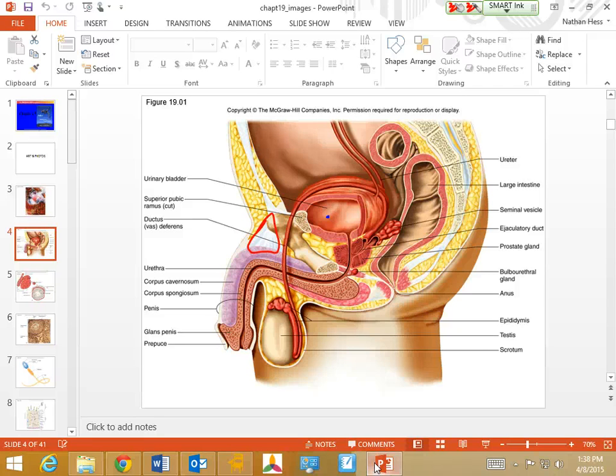Other questions here? Yes? Erectile dysfunction is a great question. There are 1,000 things that go into that. It can be that simply the blood flow is messed up. That's what most of your Cialis, Viagra, these kind of things are dealing with, trying to increase the blood flow to the area.